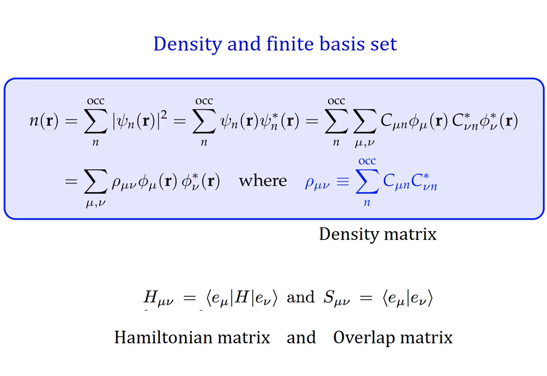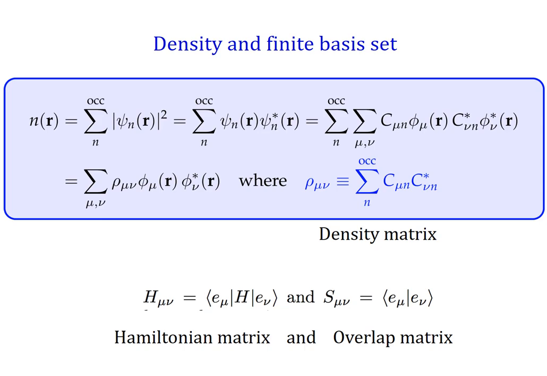By introducing the expansion I introduced before, you can get the expression of density in terms of the equation you have in blue, which is called the density matrix. So at the end, we end up with three key matrices for the calculations we're going to be performing within any of these electronic structure codes: the Hamiltonian matrix at the bottom, the overlap matrix, and the density matrix.